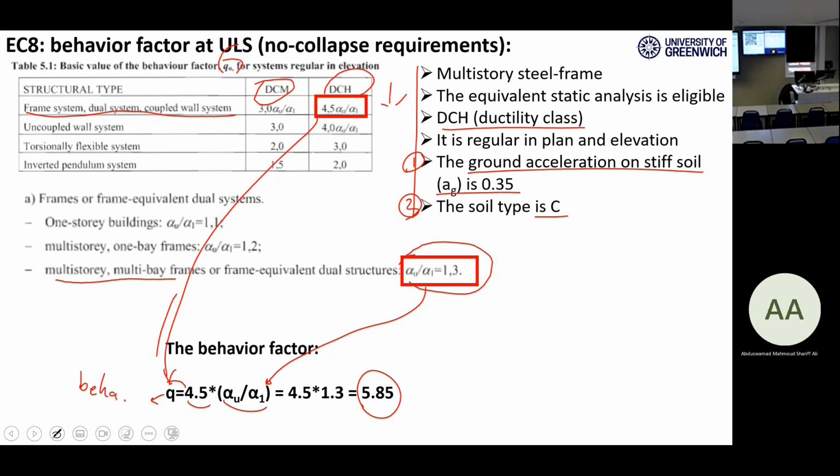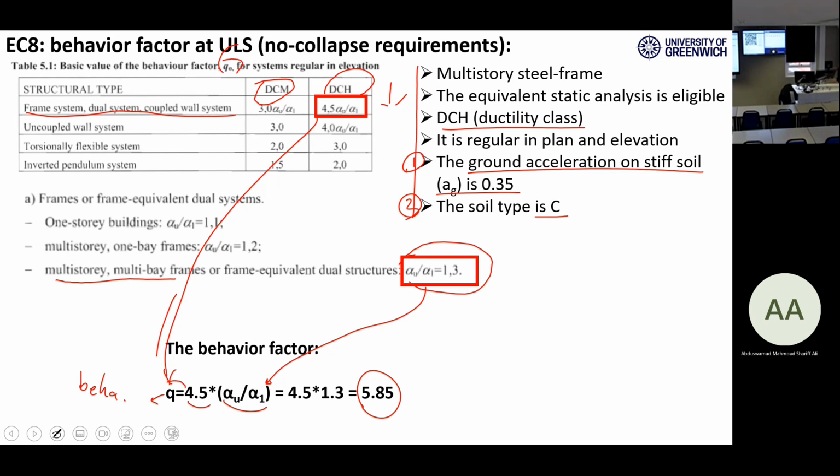The level of seismicity, the level of potential earthquakes, is different in different regions, right? That's why this is represented by the ground acceleration, the potential possible acceleration in the ground at the site where you're going to construct your structure, which is 0.35 g.